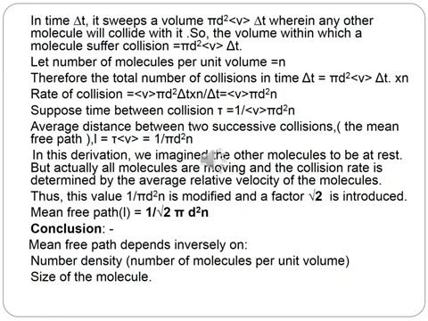Let the number of molecules per unit volume be small n. Therefore, the total number of collisions in time delta t is equal to pi d square v delta t into n. Then, what should be the rate of collision? It is the total number of collisions divided by time, which is equal to v pi d square n delta t by delta t, which is v pi d square n.